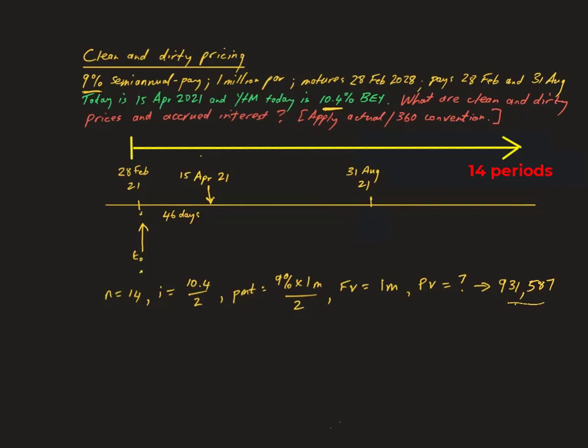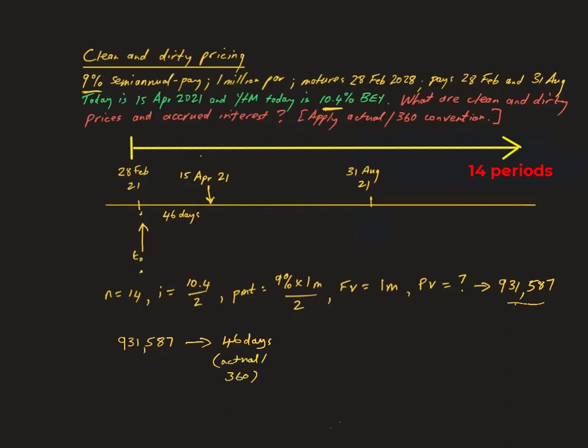Then you need to take the 1 March 2021 value just calculated forward to the correct valuation date on the 15th of April. To do this, you use the standard future value equation. The real valuation date is 46 days after the notional date, and you are required to apply an actual 360 convention.